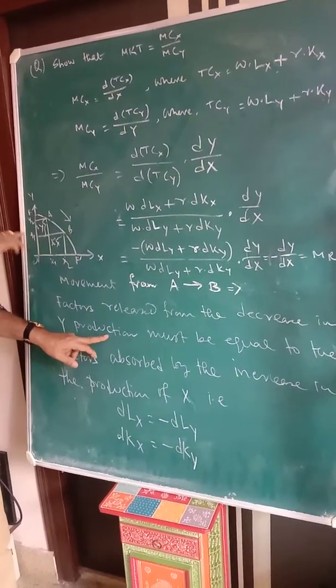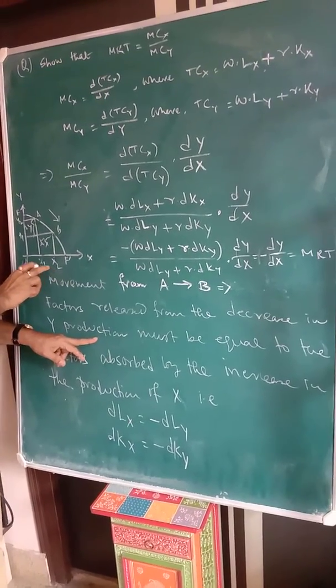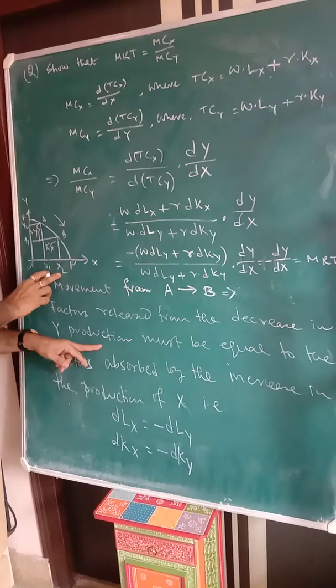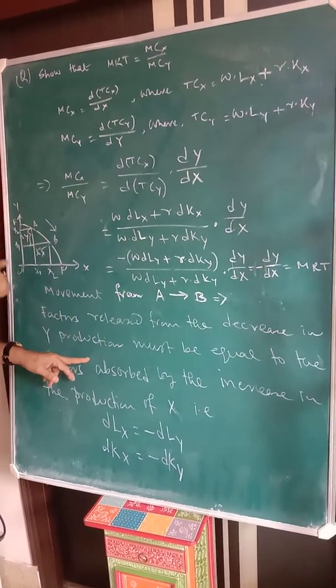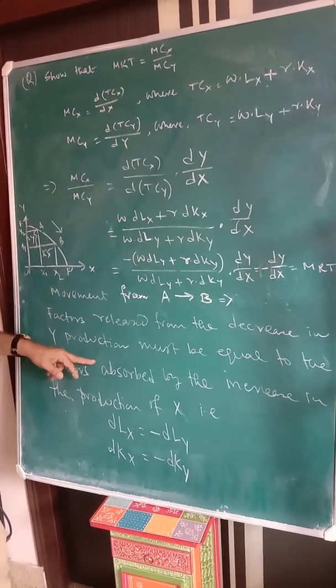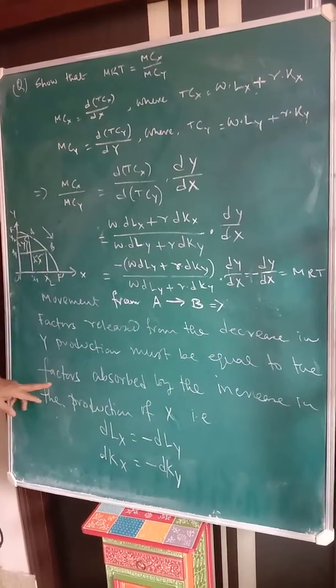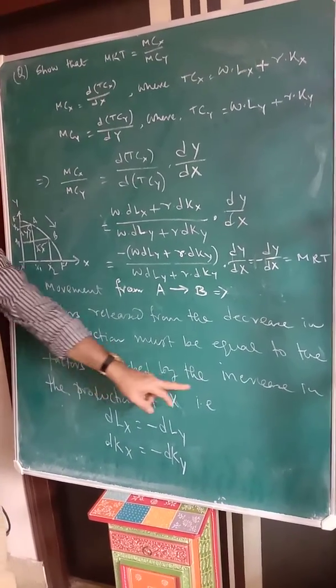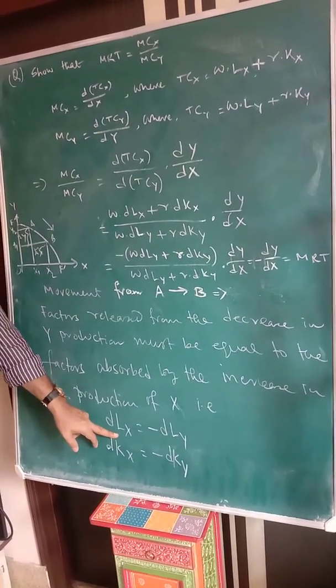Y production decreases, so factors are released from the Y industry, but the X industry increases its output. So the released factors are now absorbed by the X industry because X industry's output has increased. That's why I have written that this must be equal to the factors absorbed by the increase in the production of X. That is dLX.